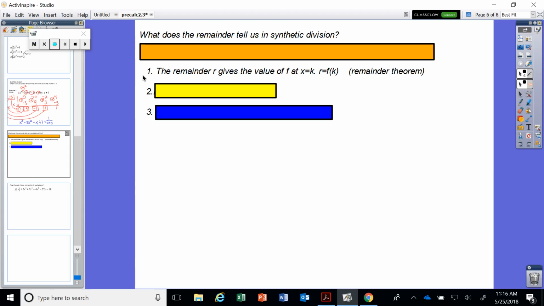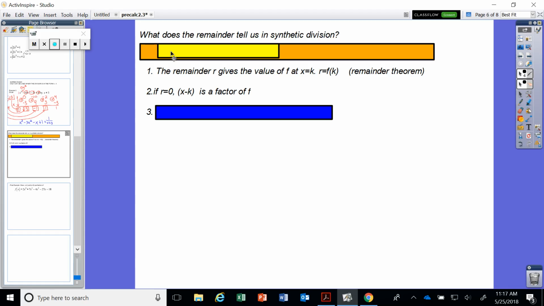What else does it tell us? Well, if the remainder equals 0, that means it divided in perfectly. And what does that mean? If it divides in perfectly, that means it's a factor. So x minus k is a factor of f if r does in fact equal 0.